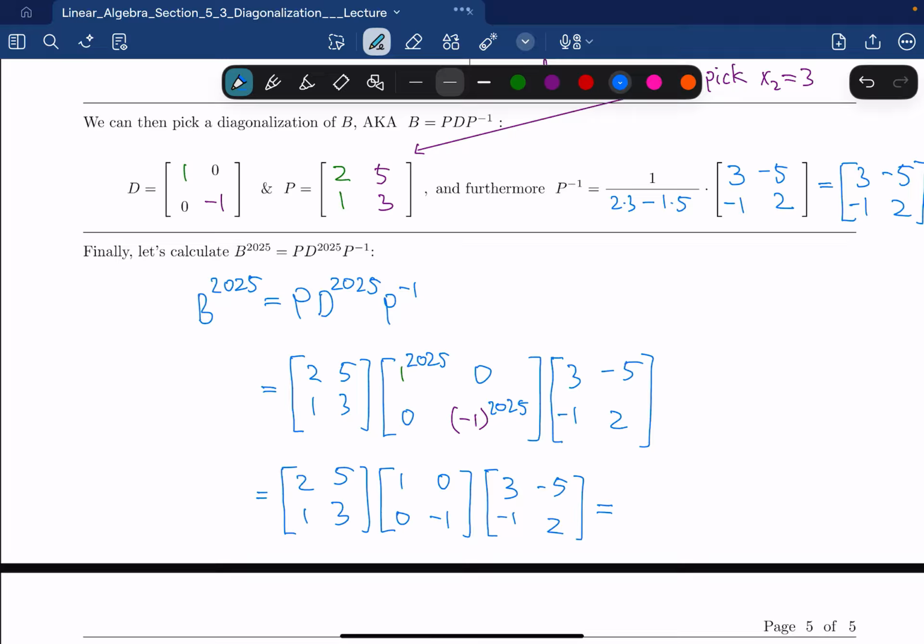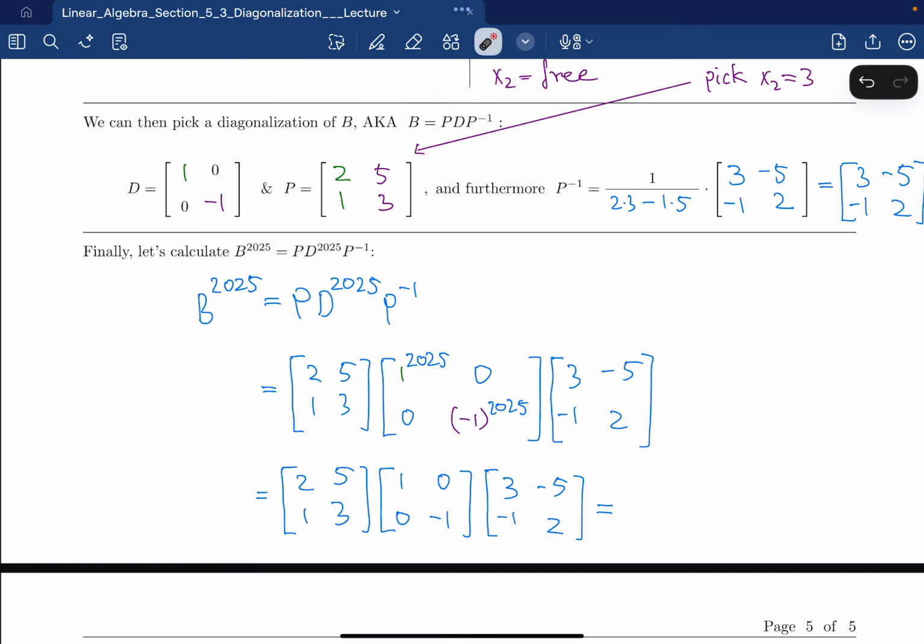And you can just go ahead and multiply these in order. Multiply that together, and whatever you get, you multiply by this. But we actually don't need to. This is kind of a funny little problem, because after raising D to the 2025 power, we actually just get D back. And this is P, and this is P inverse.